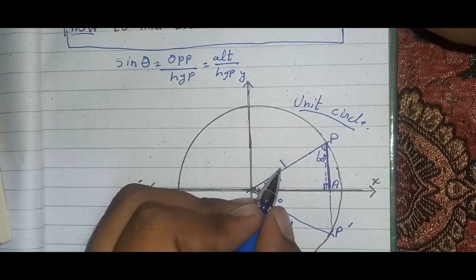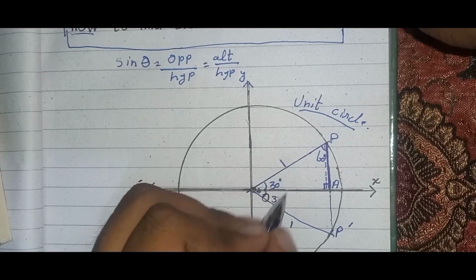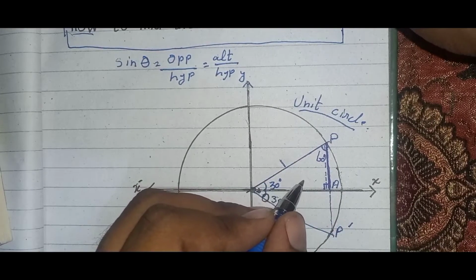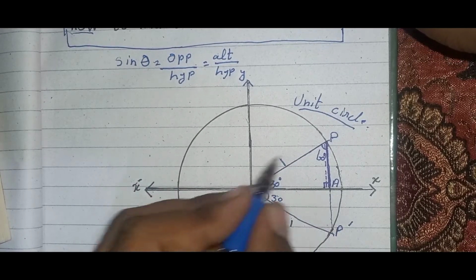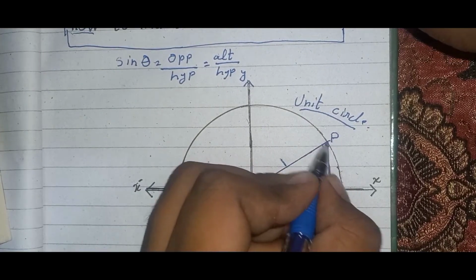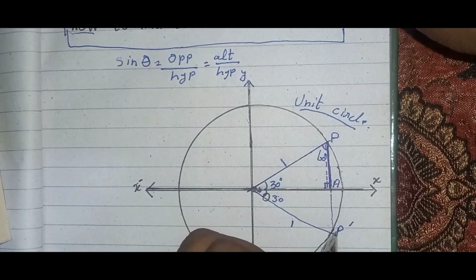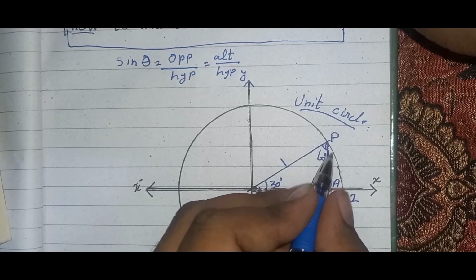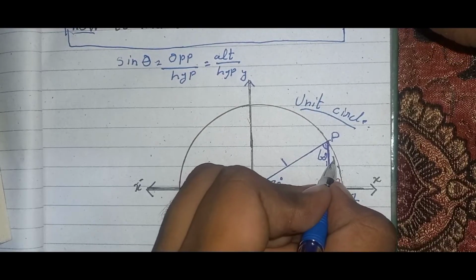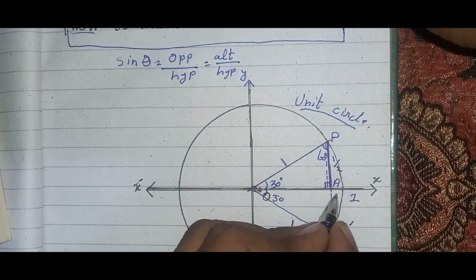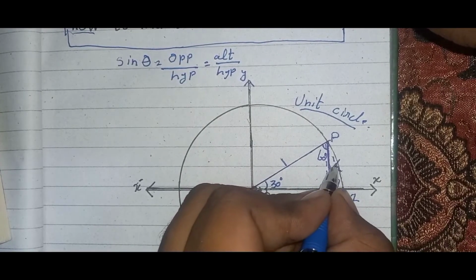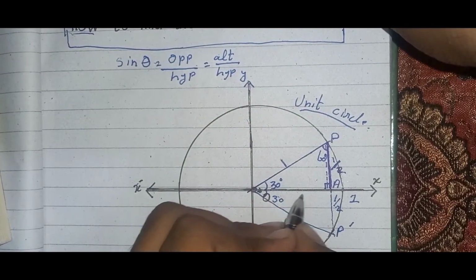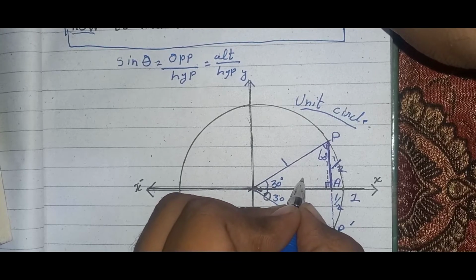So by using the side angle side hypothesis, we know that this is an equilateral triangle whose all sides are equal. So the length of the side P to P prime equals 1 and the distance between A to P is half, which is equal to 1 by 2, and similarly here it is equal to 1 by 2. So what is the value of the side OA?